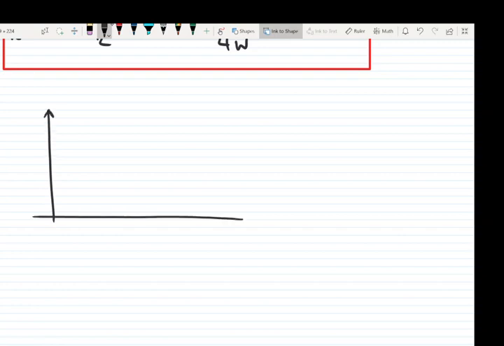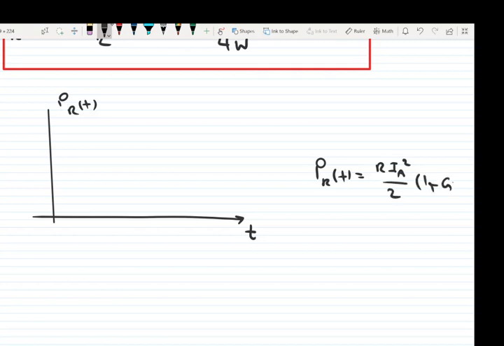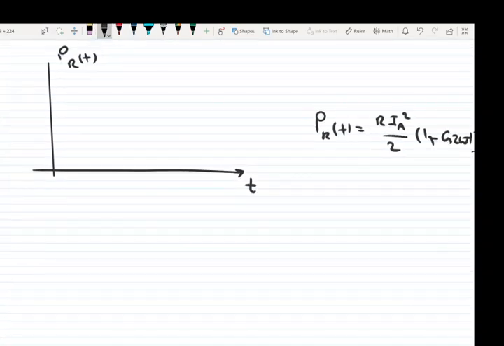So P_R(t), and here is the time domain, and we know that power is equal to R Ia square over 2 times 1 plus cosine of 2 omega t. If we plot it, we will have this graph.